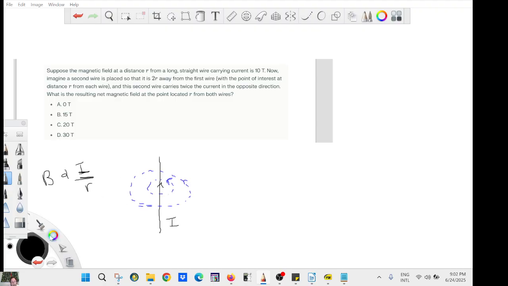So anyway, the magnetic field will be a vector. If I take it at that point, you see the magnetic field is a vector going around.